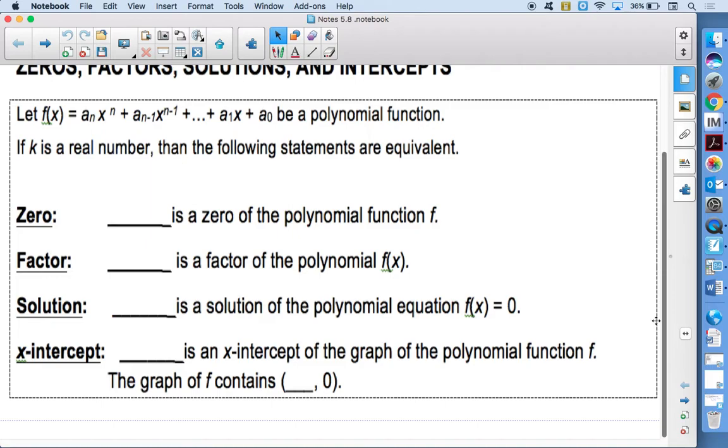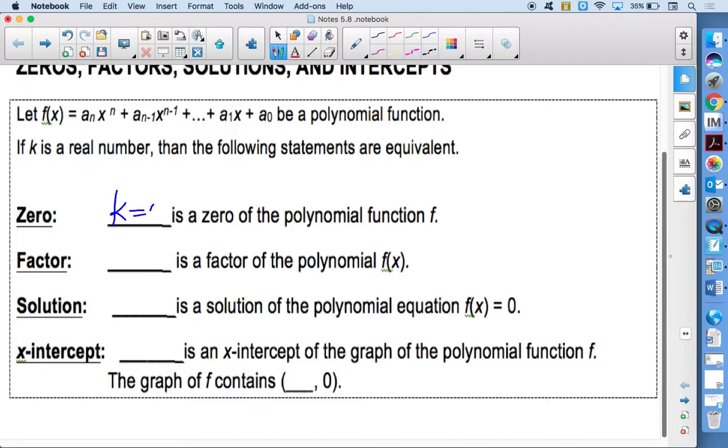So the first term is a 0, and we've talked about a 0 yesterday with that worksheet. So if I have x equals k, that is a 0 of the polynomial. We also said another word for 0 is an intercept. Essentially, you're solving for x if you're finding a 0.